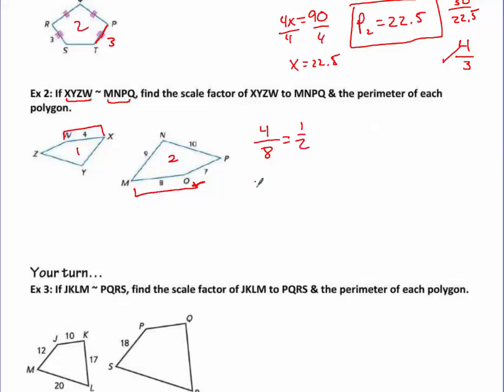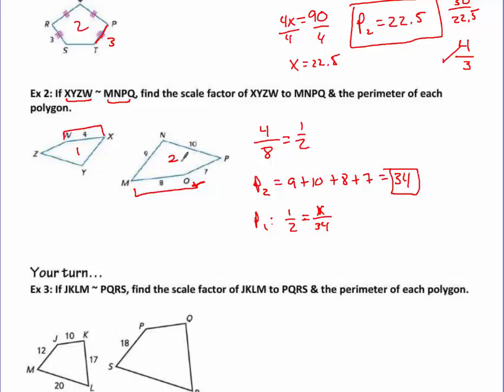Now the perimeter of number 2, pretty easy because 9 plus 10 plus 8 plus 7, which is 34. And the perimeter of our first one, well, we can use our scale factor, 1 over 2 equals x over 34.